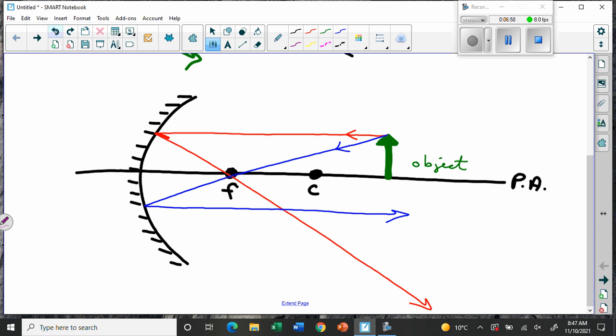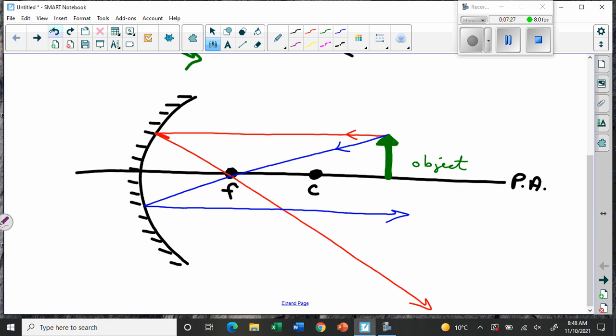So what that means is that if you shine light rays from the bottom here, again, you don't have to draw this, towards the mirror, every rule means that it will bounce straight back along this line. That means that the bottom of the arrow has to be located on the principal axis. It has to be, because there's no other place where lines could cross if they were coming from the bottom.